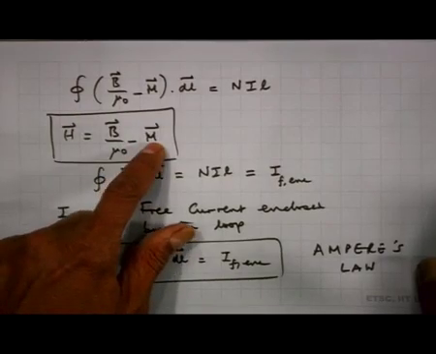So, I want to use M is equal to chi m H in this equation. So, I will get the following equation.